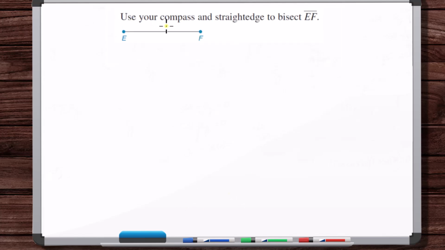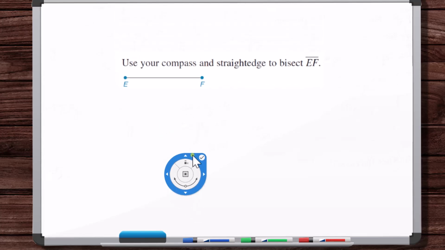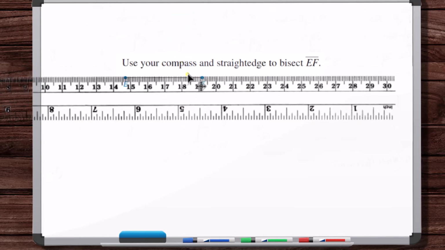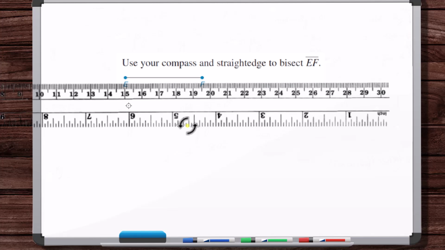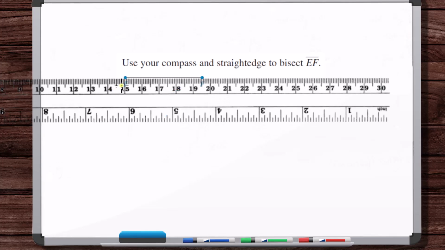Use your compass and straight edge to bisect EF. So what they want us to do here is, let's see, we've got 10, 20, 30, 40, 45-ish. So we want to go about 22 and a half, but we're going to use the compass.